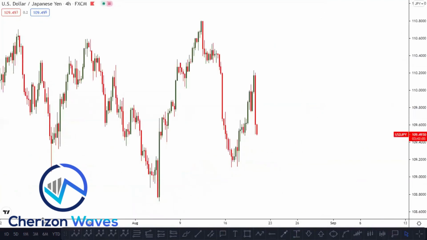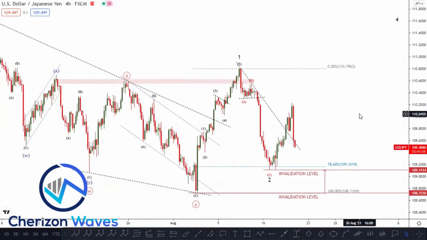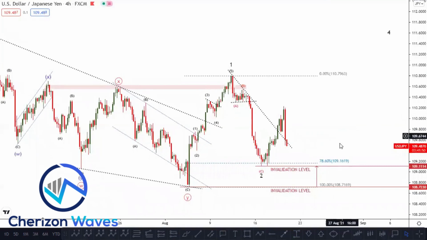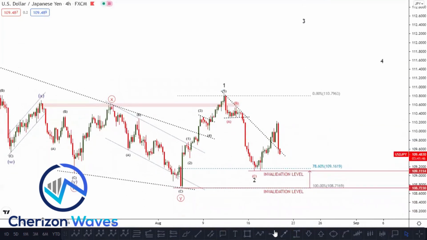The next pair is USDJPY. This pair is a bit complicated today because we have two views. The first view is the possibility of a wave 3 from this point up, so a bullish possibility to wave 3, and this could be a retest on this channel, on this trend line.